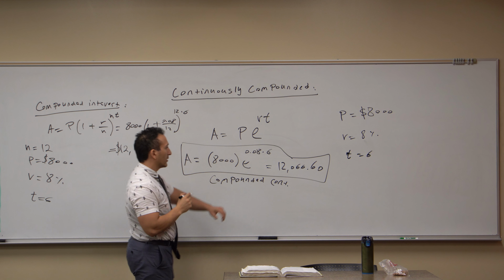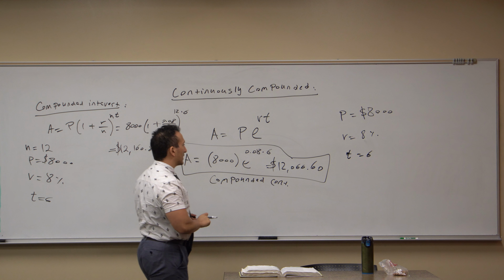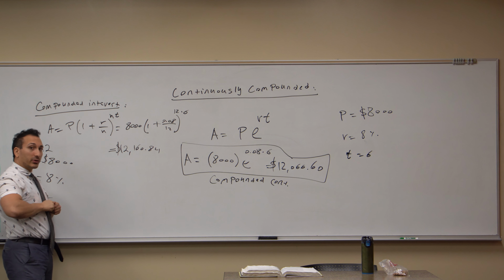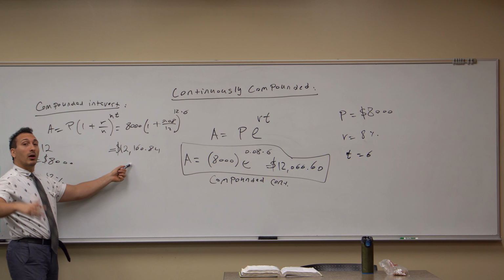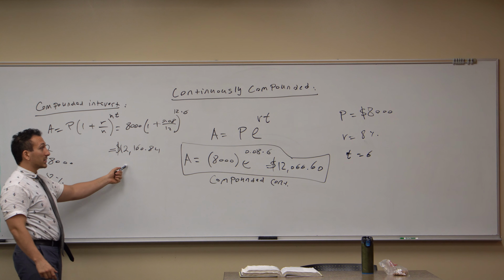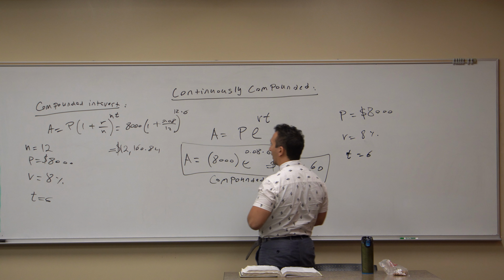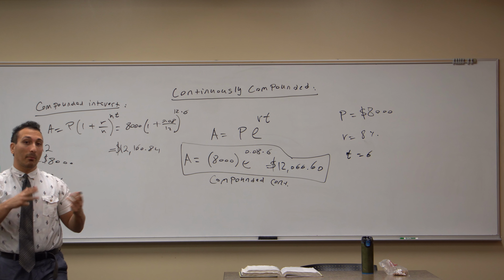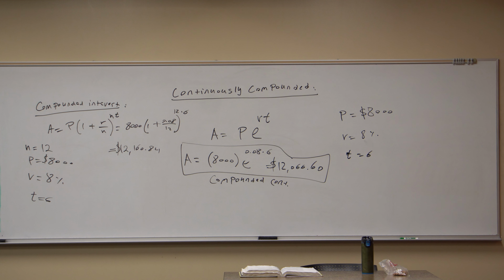So it is apparent that at least for a 6-year interval, it is better to have it compounded monthly versus compounded continuously. You'll get about $100 more doing it where it's compounded 12 times, once every month.